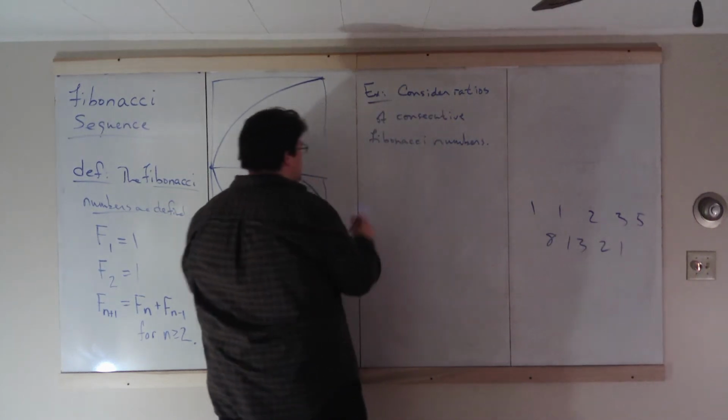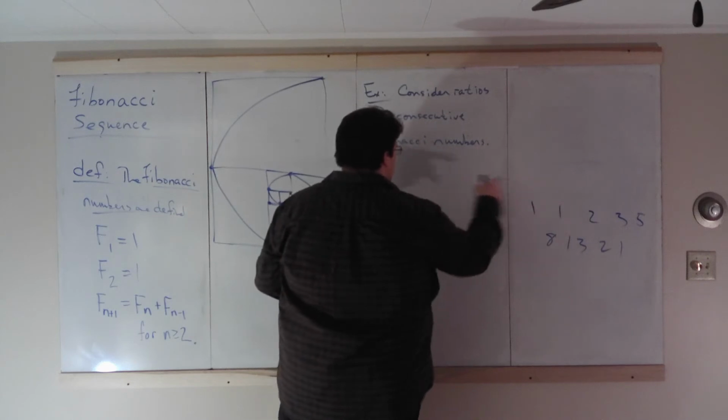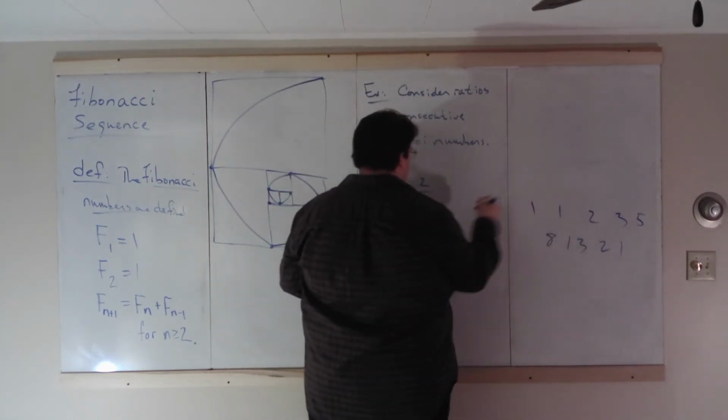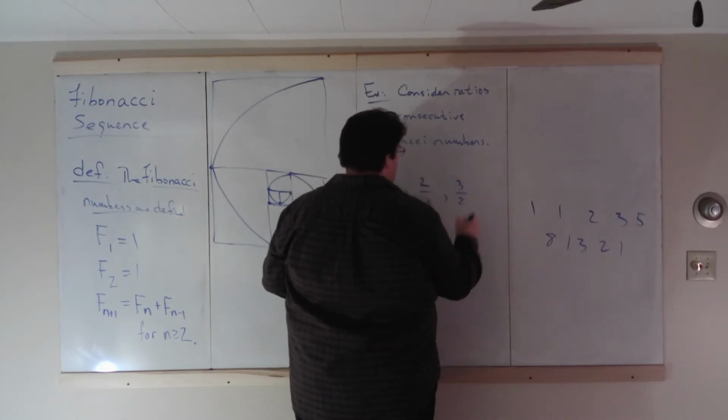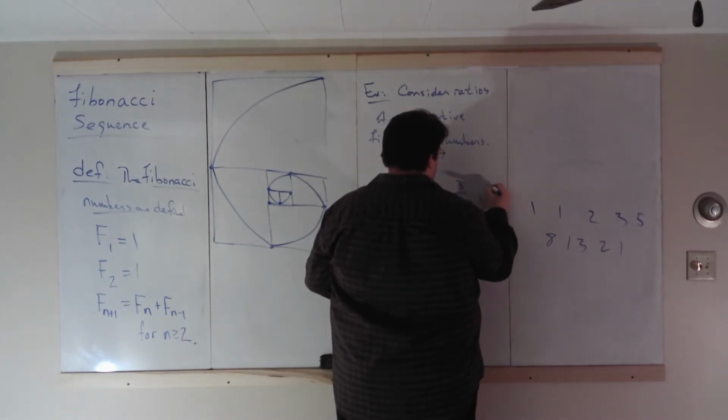Second one to the first one, 1 over 1. I'm going to write something underneath this also. Third to second, 2 to 1. Fourth to third, 3 to 2. Fifth to fourth, 5 to 3.